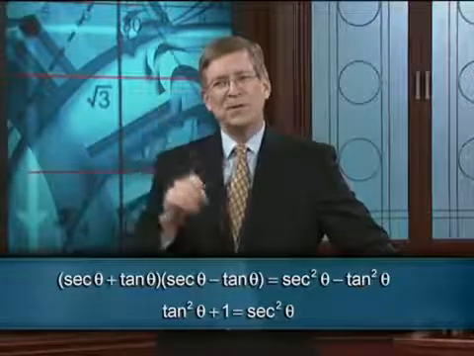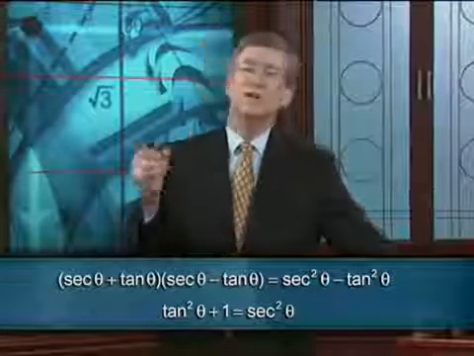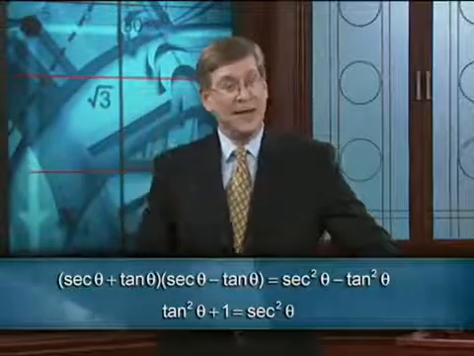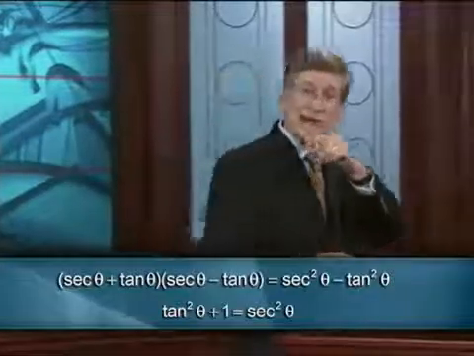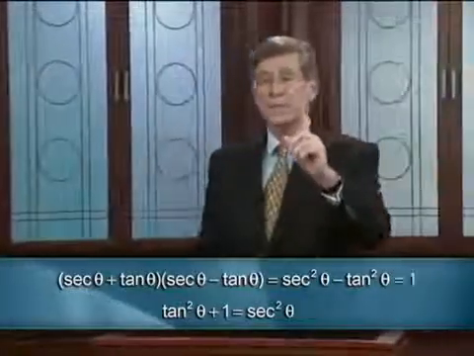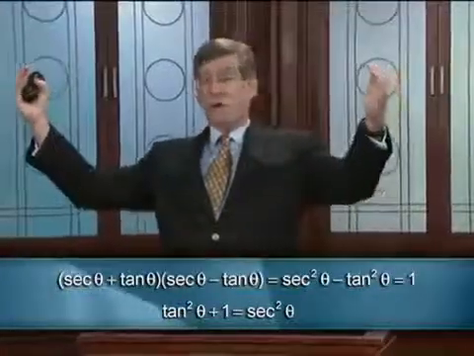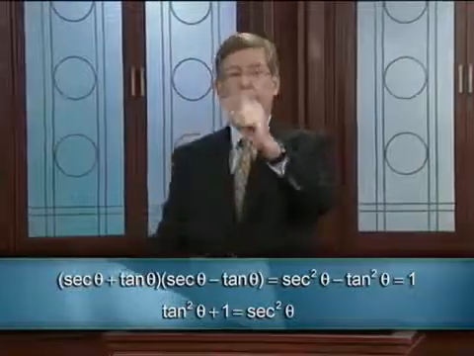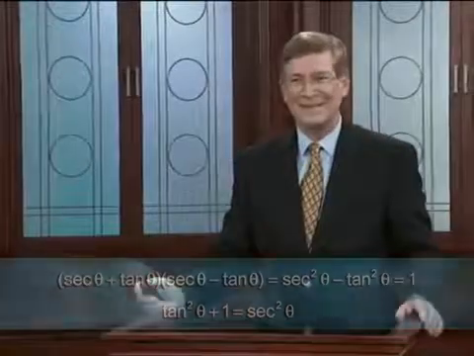So I can replace the secant squared with tangent squared plus 1, and the tangent squareds then cancel, and I finally get down to 1. That big expression I started out with collapses to 1. Amazing, isn't it? Really simplified. I find there's no doubt in my mind that 1 is simpler than the original expression.